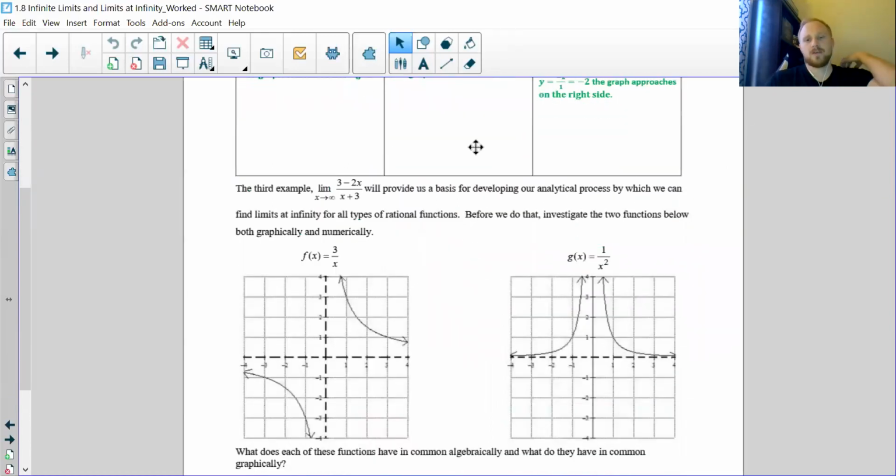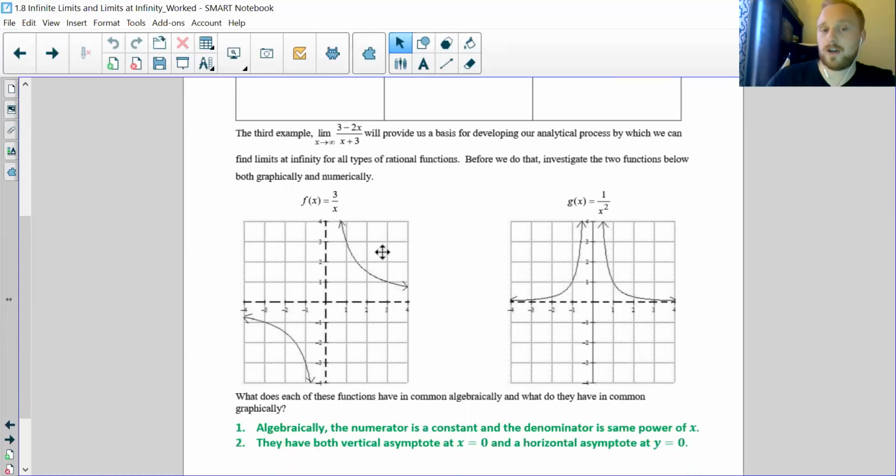Here we have some examples of functions. Our third example, 3 minus 2x over x plus 3, will provide us a basis for developing our analytical process. For instance, we have this 3 over x.